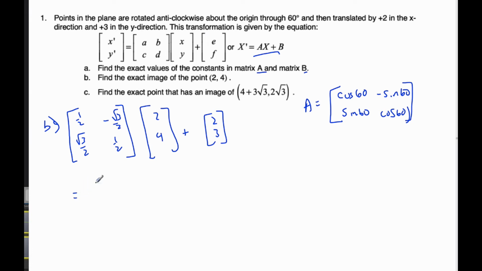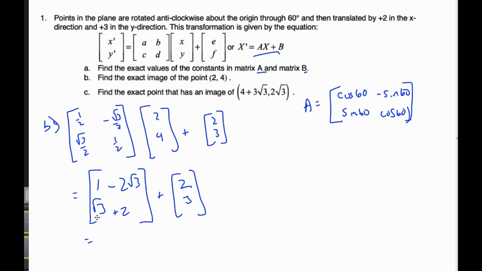When I do the multiplication, 1/2 times 2 minus √3/2 times 4, I end up with a value that is 1 minus 2√3, and the bottom will be √3 plus 2, then plus 2 for this point.